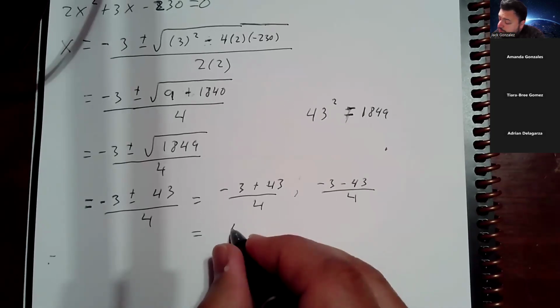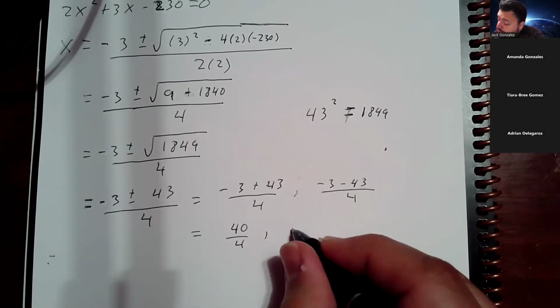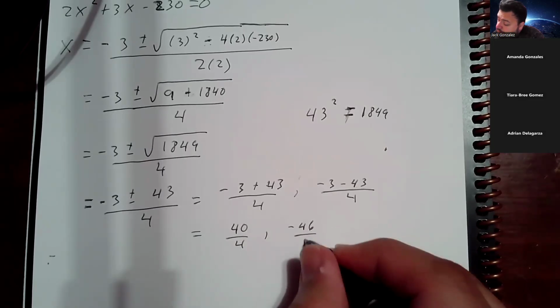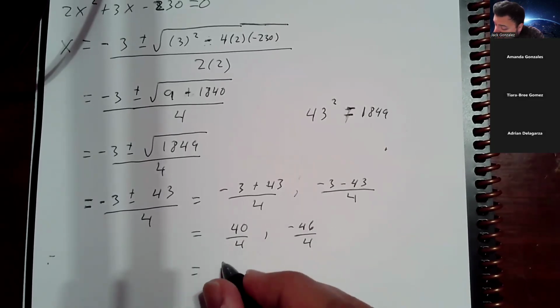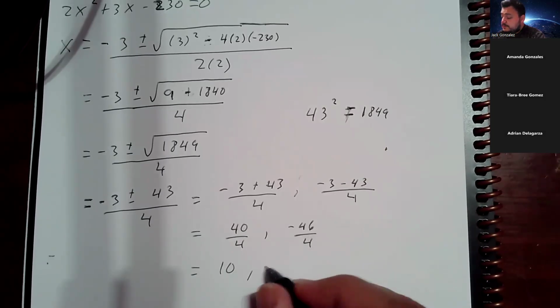That becomes 40 over 4. This becomes negative 46 over 4. So this is 10. And what is that? 23 halves, I guess.